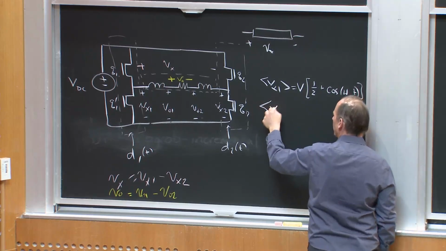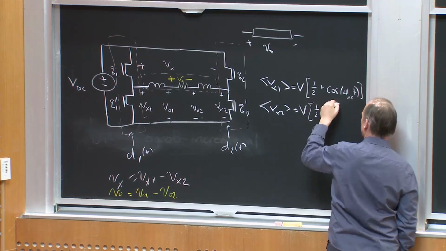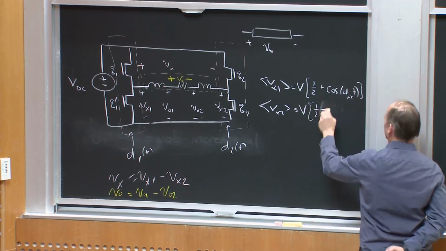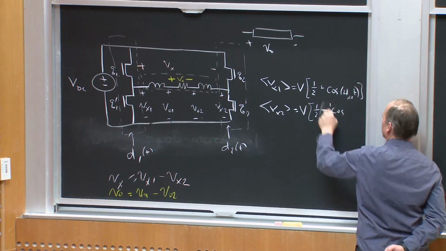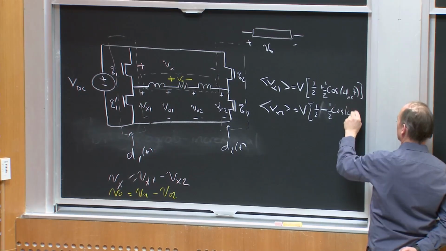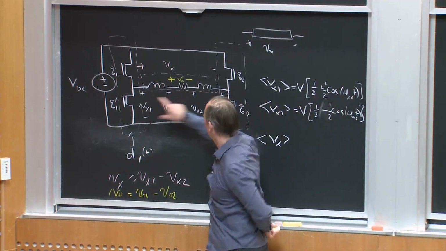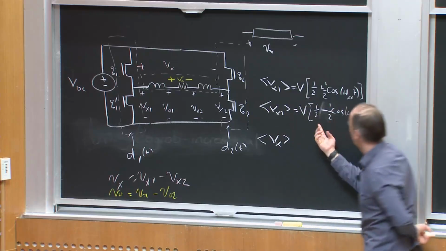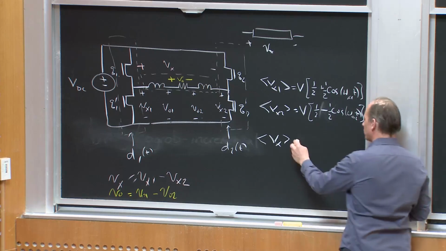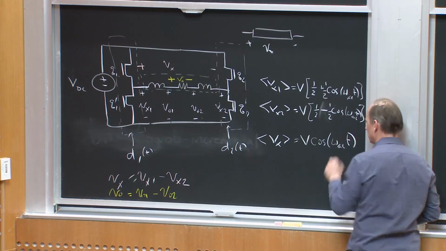And maybe I can control Vx2 to be equal to some voltage V times (1/2 minus 1/2 cosine of omega_AC t), okay? Which would then give me Vx, if this is Vx1 and this is Vx2, Vx is just the difference of those two, and the DC part cancels out, and I just get the difference in these AC parts, which gives me V cosine of omega_AC t, okay?